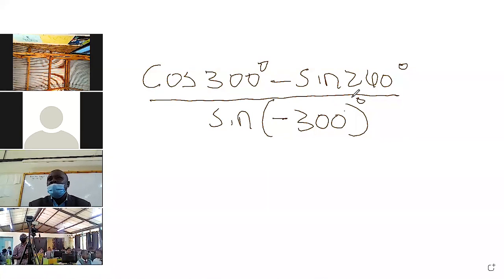This is very simple. This is a concept in Form 2, about the trigonometric ratios of special angles, whereby the special angles are 30, 60, and 45.